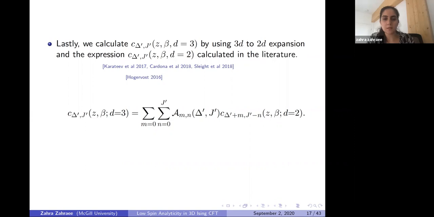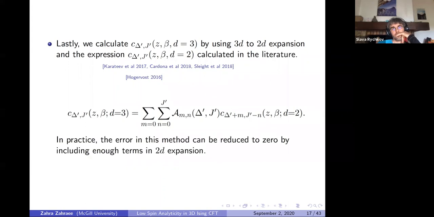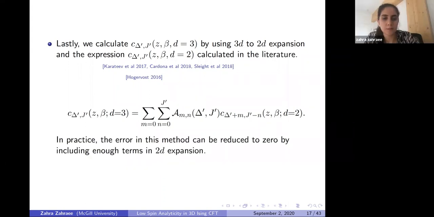But there is a plot in our paper showing the comparison. Okay, thanks. Yeah, and also the error in this method can be reduced to 0 by including enough terms into the expansion. So we will refer to these blocks as exact blocks for our purpose.